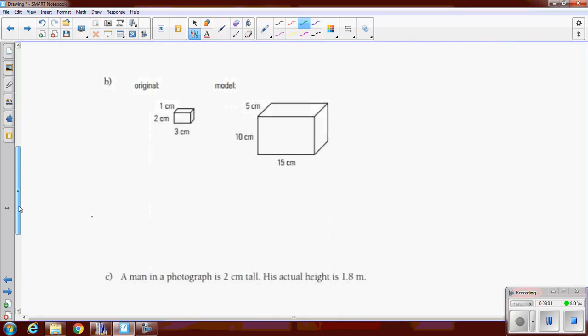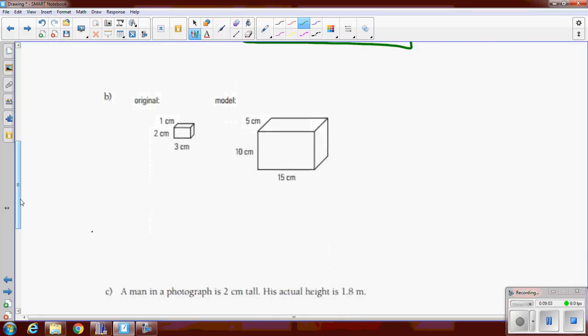So now let's look at these three-dimensional cubes. And we're saying, again, here's my original, so that's original. Here's my model, or as we call it, the drawing. Remember that the scale statement is going to be drawing to original, Dr. Orr. If my original is this small cube, and the model's actually bigger, this is an enlargement.